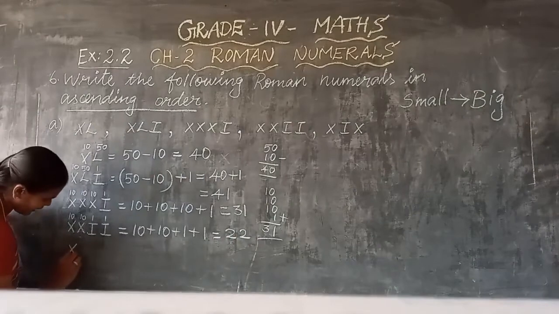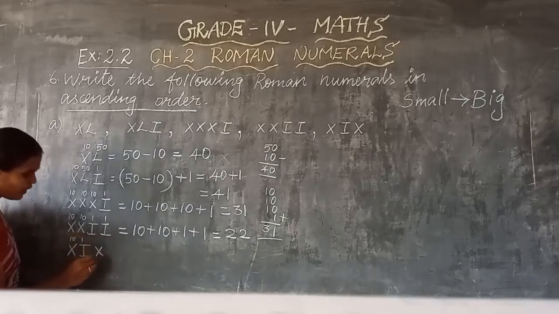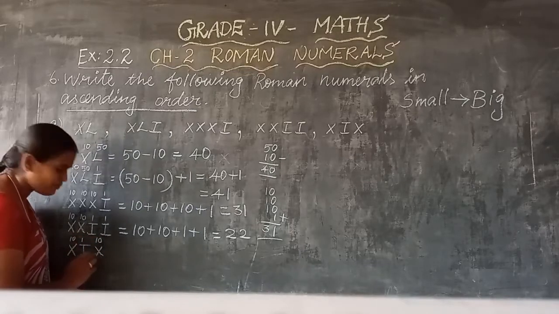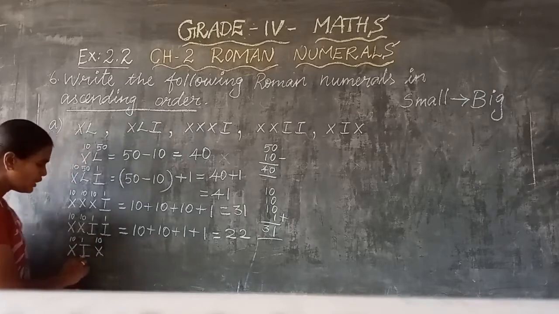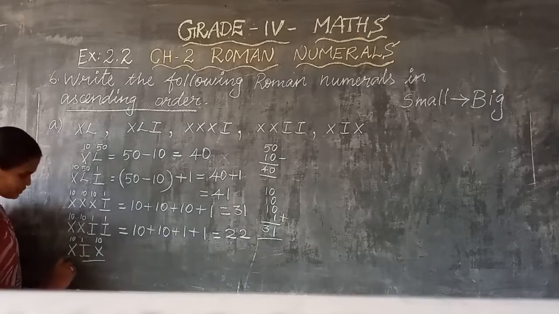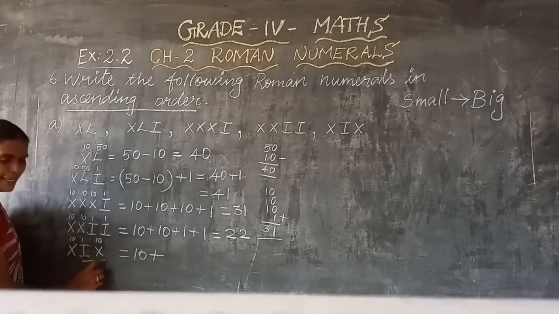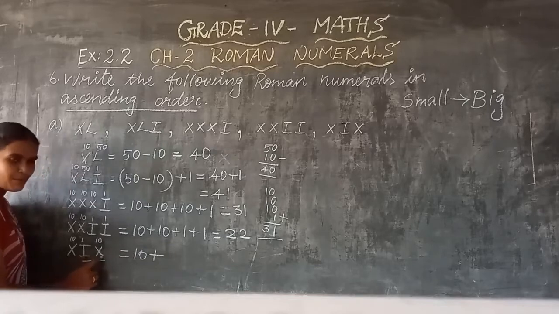Next, XIX. X value 10, I value 1, X value 10. So two greatest numbers, between them we have the small number, means you take the small number and the right side number. So X value 10 plus IX. Here which one is the greatest number?